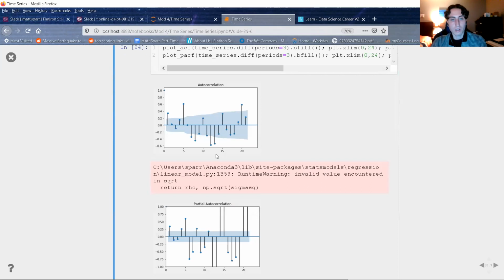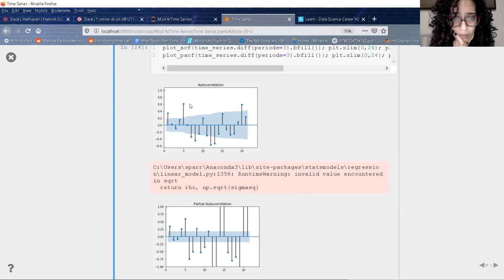All right, so here's our difference of 3, ACF and PACF. So from this, if we had to choose a second difference amount, what would we choose? Five, maybe?